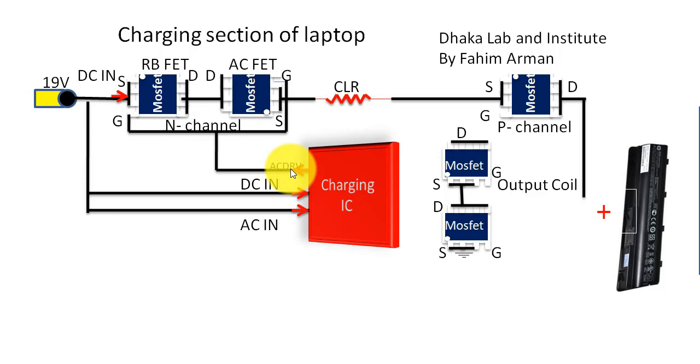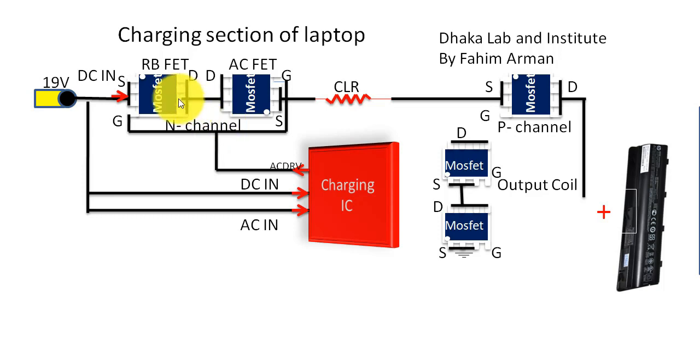This voltage will switch on the gates of these MOSFETs, and as you know these are N channel MOSFETs, and for switching there should be high voltage. So the charging IC will produce high voltage, approximately 25 volt, on the AC drive pin, and by this pin these MOSFETs will be activated.